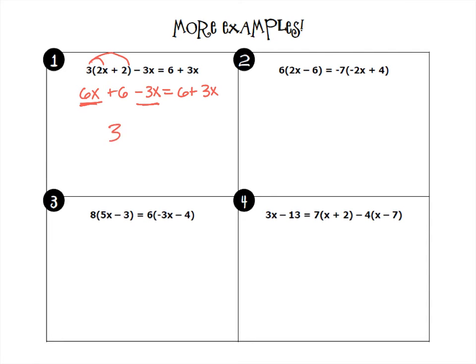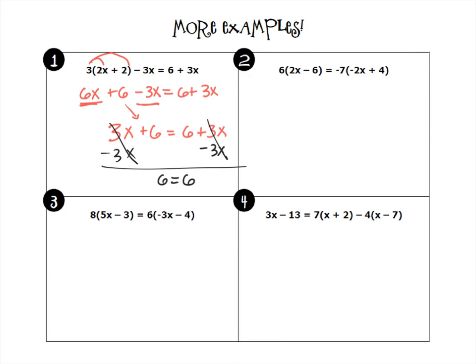That ends up being 3x, and then the 6 comes down, the equal sign comes down, 6 plus 3x. And I'm starting to see that we've got the same thing on both sides. It looks like if I subtract a 3x from both sides, they cancel out. And then we get an always true statement.